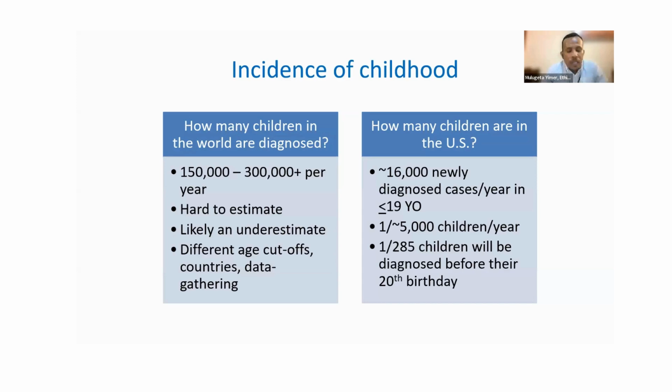But close to 16,000 new childhood cancer cases are diagnosed in the US among children less than 19 years of age. This would give us one case of childhood cancer per 5,000 children per year diagnosed before they celebrate their 20th birthday.